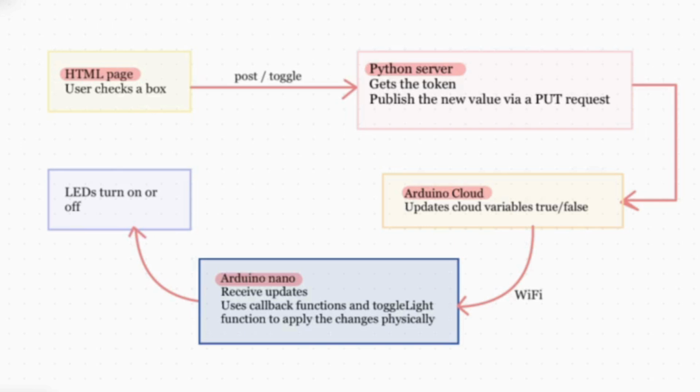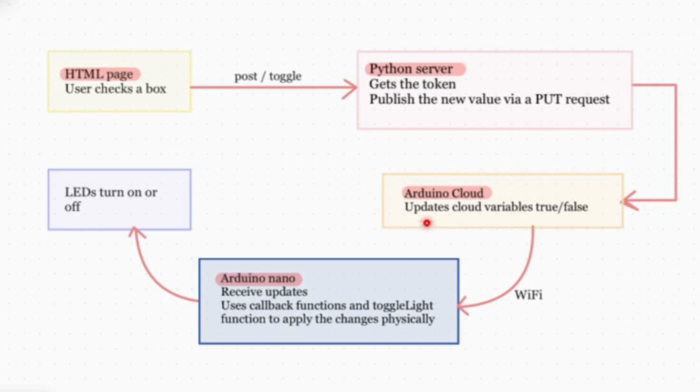The Python server receives the request, calls the Arduino Cloud API to get an access token, and then looks up the property ID for that variable and publishes a new value via the put request. It's like a helper to bypass CORS, which happens when the HTML page wants to request the API, but the block happens in the middle.